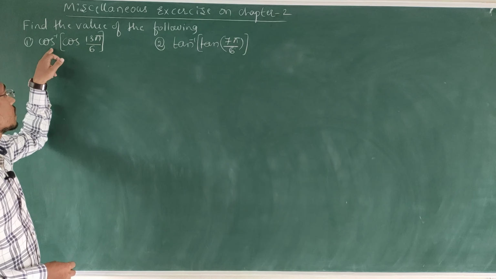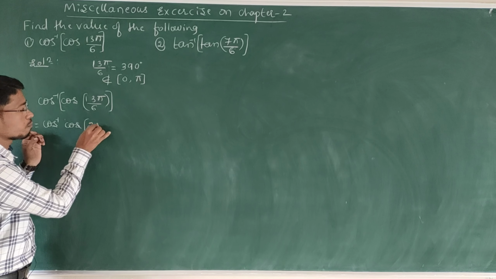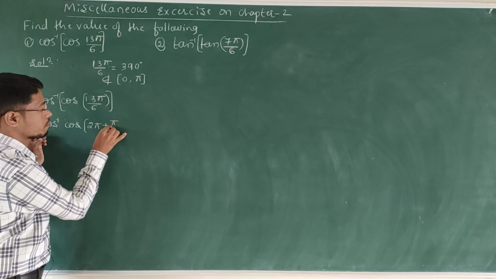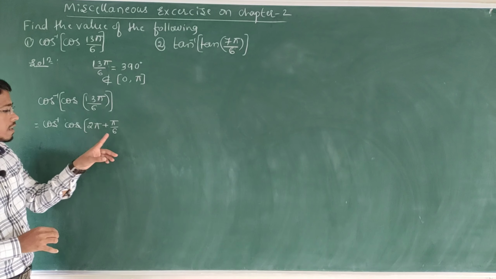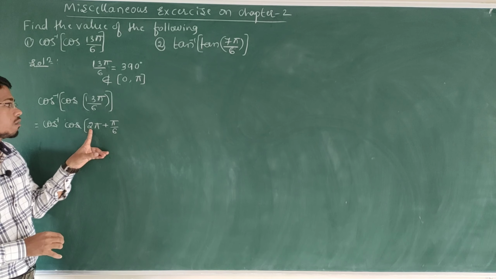For that, the multiple of pi by 6 is 2 pi, so 2 pi plus pi by 6. Here 6 into 2 pi is 12 pi, and 12 pi plus pi is 13 pi. So again we get 13 pi by 6, same as it is, and this is in the first quadrant. Cos of 360 plus theta is cos theta only. Again all are positive in the first quadrant.